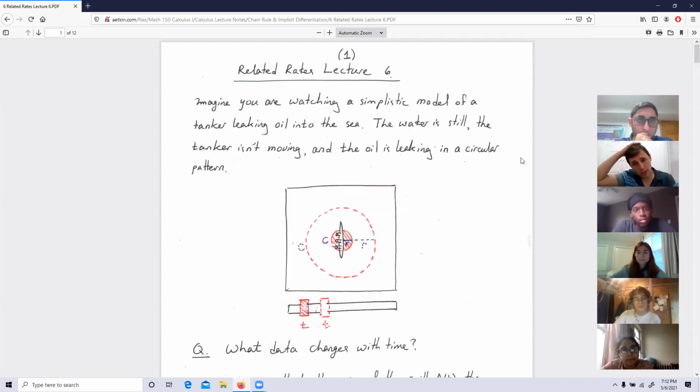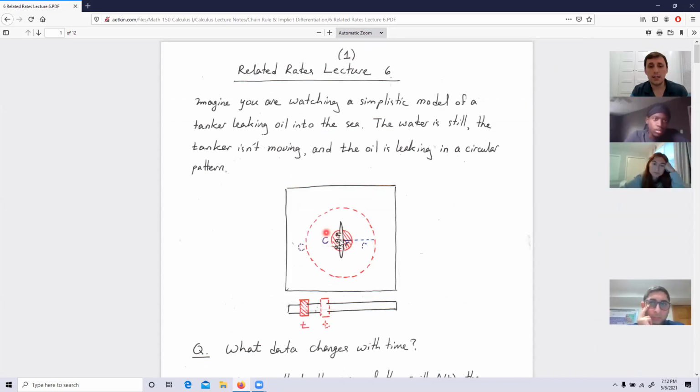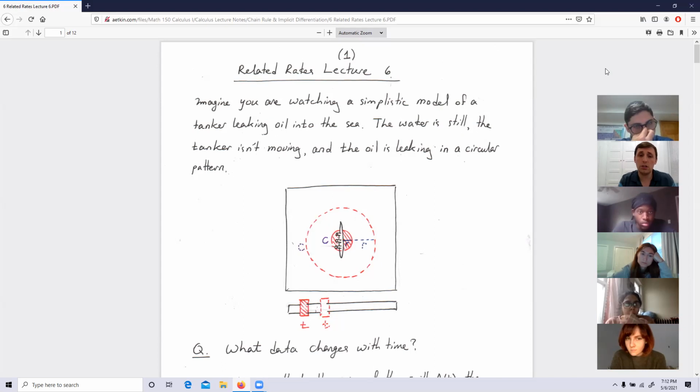Imagine that you have recorded a YouTube video. And in that YouTube video, you are seeing, let's say, how a two-dimensional ship is leaking oil. And because it's such a simple simulation, the shape of the oil leak is always a circular disc. And what you observe is that that circular disc is expanding at the rate of 2 square centimeters per minute.